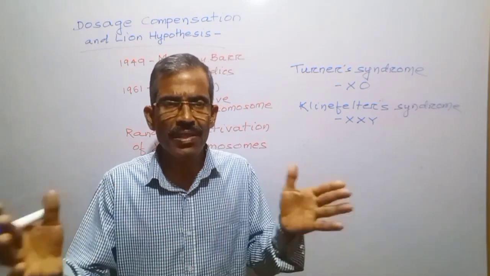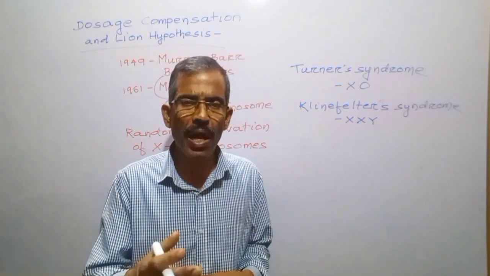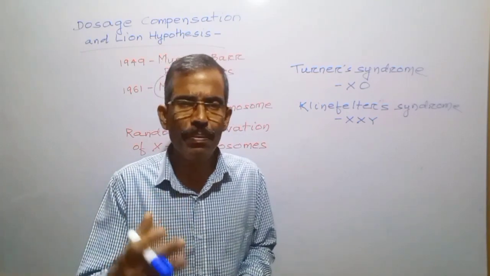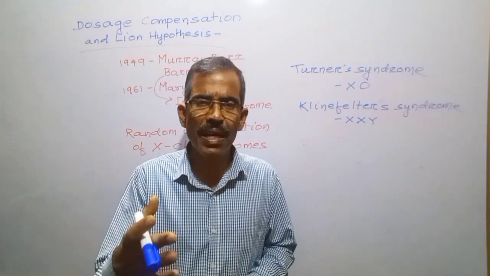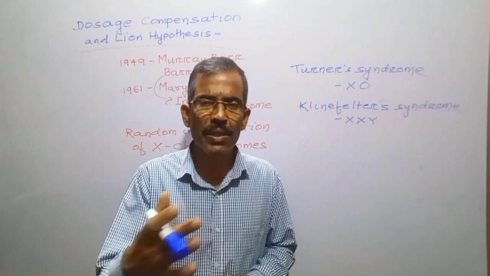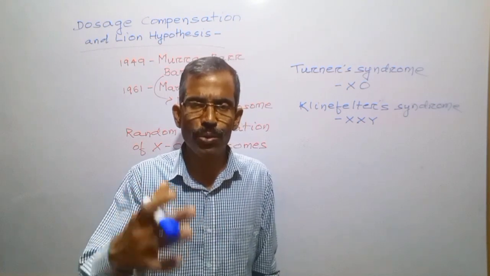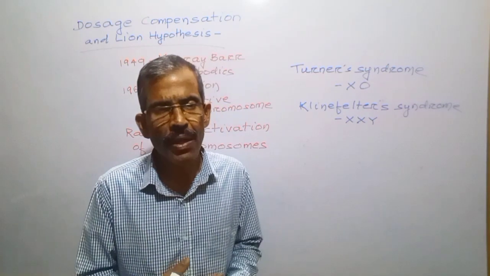These disorders such as Turner syndrome and Klinefelter syndrome arise because some X-linked genes escape inactivation. The mechanism of inactivation of X chromosome is more complex than it was originally suggested.